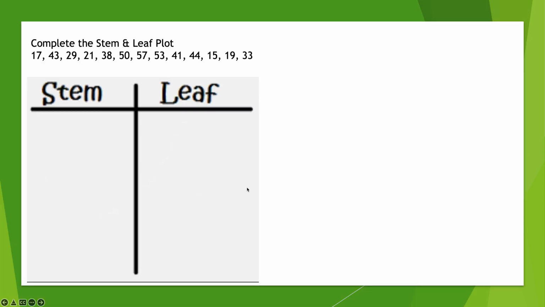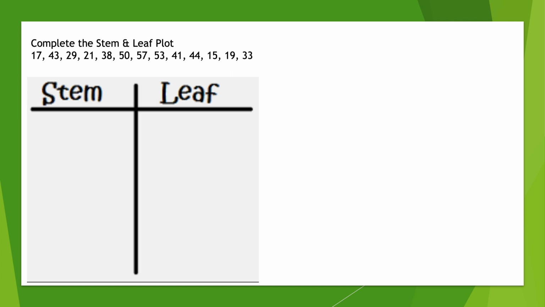Okay, the last thing we're going to ask you to do as far as this data interpretation is to complete the stem and leaf plot based on this data right here. So you're going to write out the stems and then the leaves, and then we'll order them.